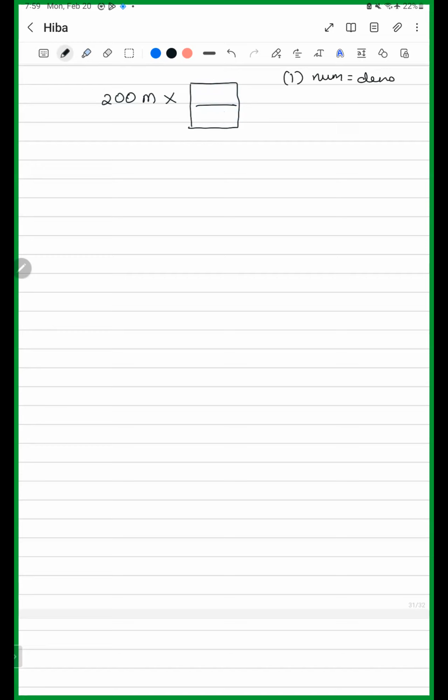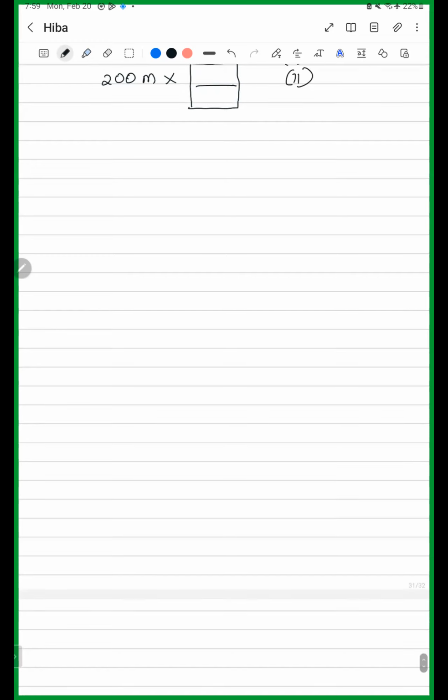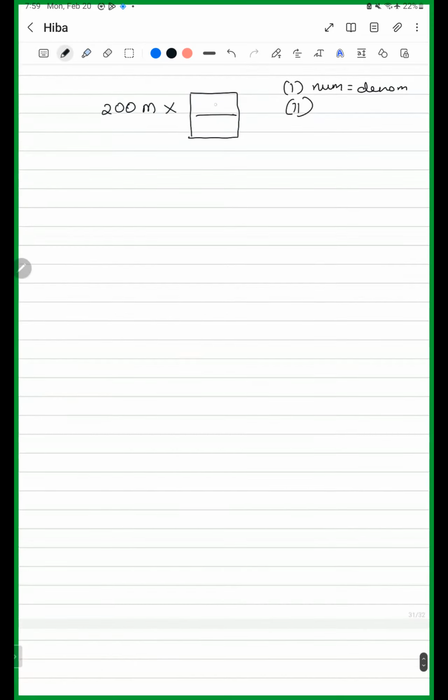Now the second thing is what to keep in the numerator and what to keep in the denominator. You could also do it like 1 meter is equal to 1000 kilometers, sorry, 1000 meters is equal to 1 kilometer. You can also do it like this, because they are equal. The first condition is fulfilled. But we don't do this.